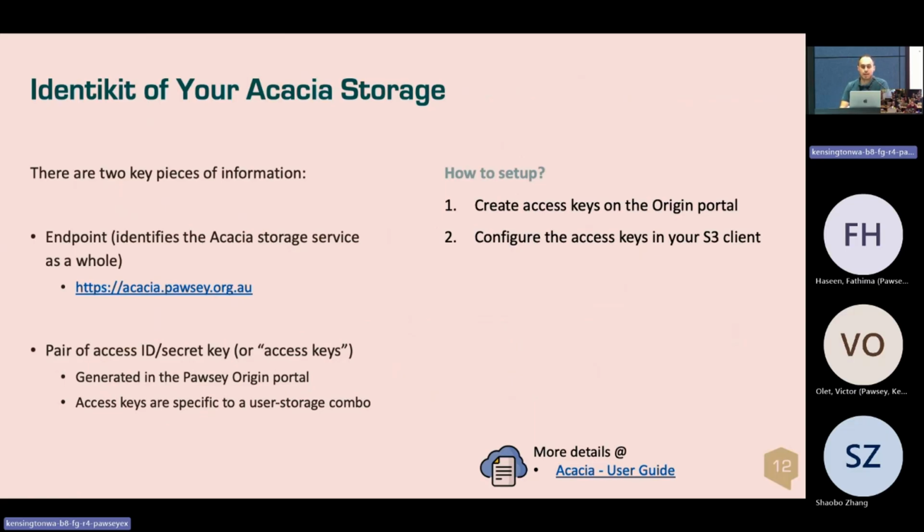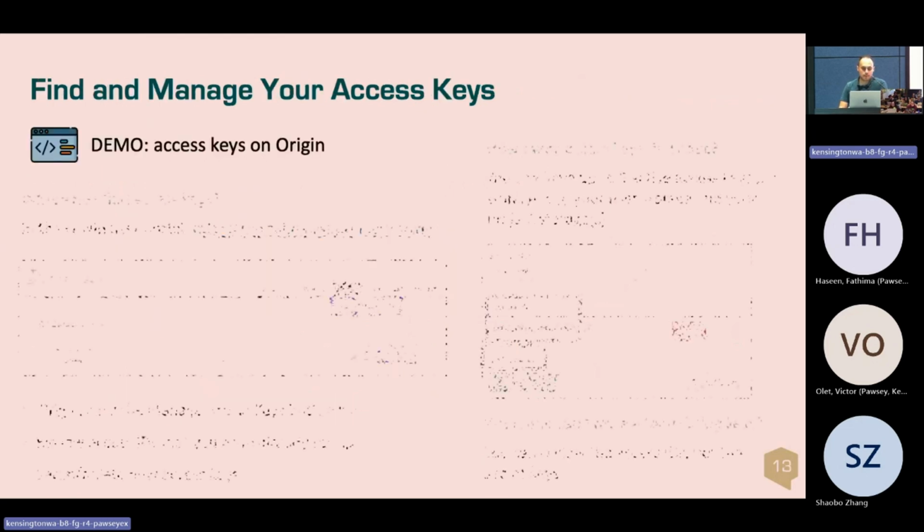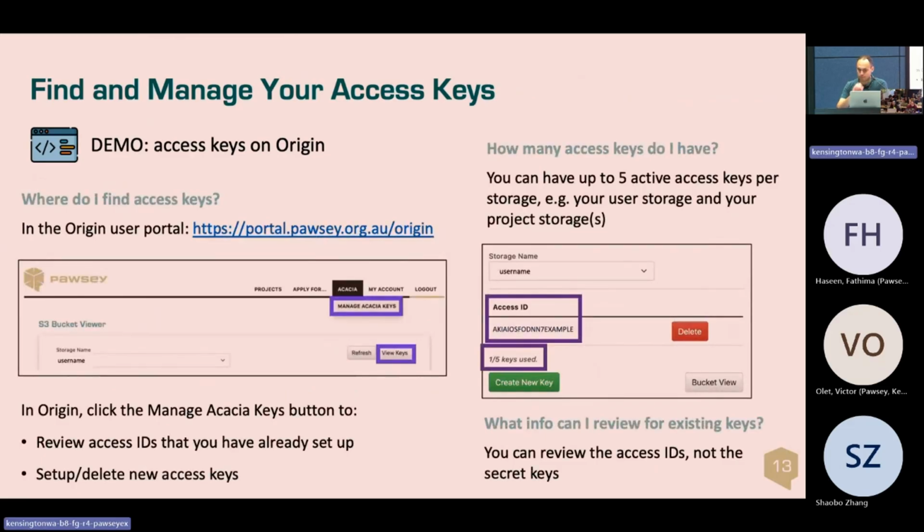You can use these clients, I will list them later, to communicate with Acacia. These clients have configuration files stored in your home directory which will contain this access key, so that you don't have to type access keys all the time, but the client will use these configuration files to perform the authentication.